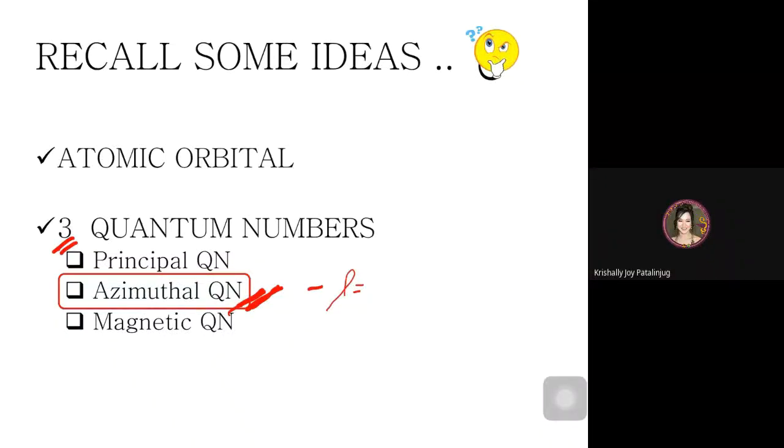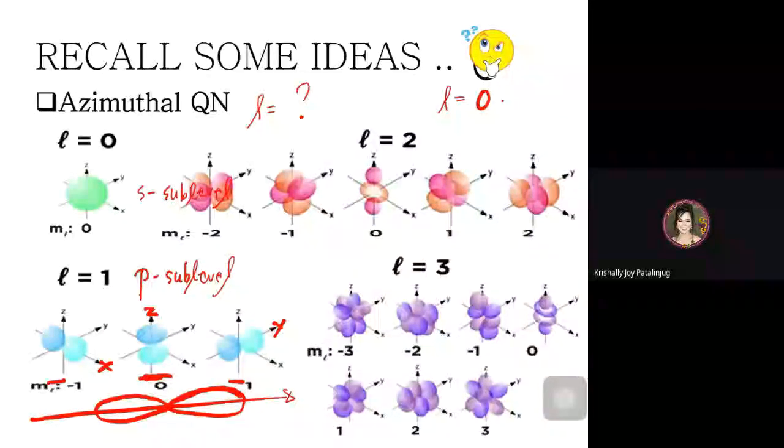It can be any integer from 0 to n minus 1. Whatever value you get for l based on the given n value designates a particular shape.